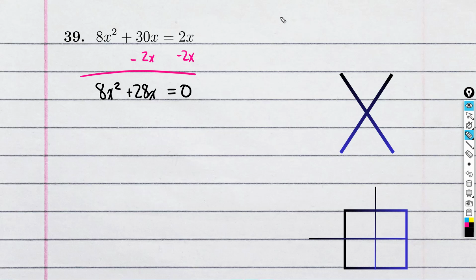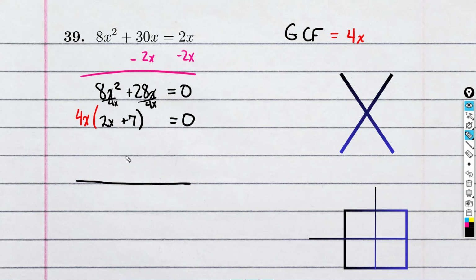So 8 and 28 share a factor of 4. X squared and x share a factor of x. So I can factor out a 4x, leaving behind, when I divide this by 4x, 2x. When I divide this by 4x, it leaves me 7.